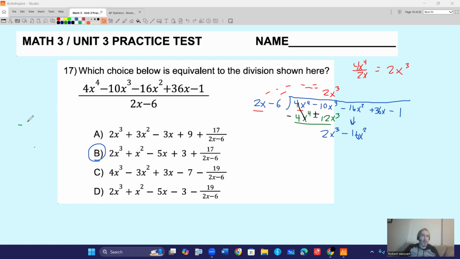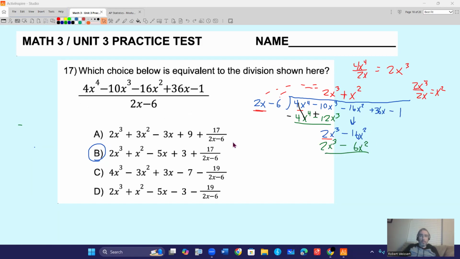And we repeat the same process with our divisions. Look at our first term here, 2x cubed, and divide by that first term there. That's going to give you x squared. I'll go down over here to the right of the 2x cubed. Once again, we're going to distribute the x squared to the 2x minus 6, and you're going to get 2x cubed, and then x squared times negative 6 is negative 6x squared.